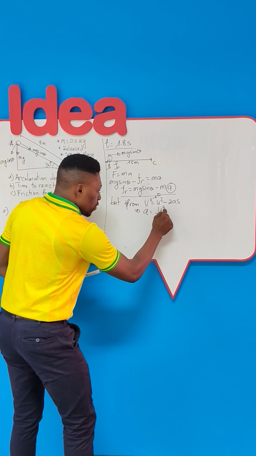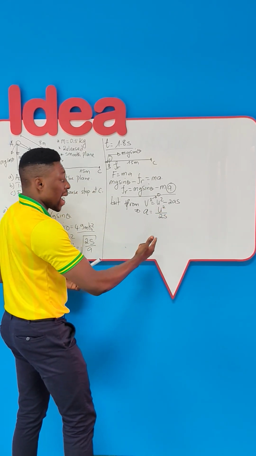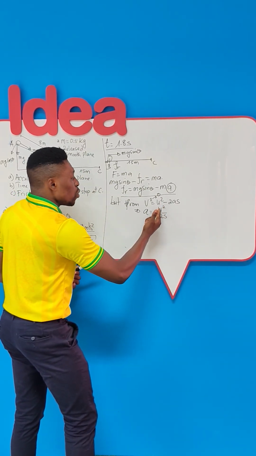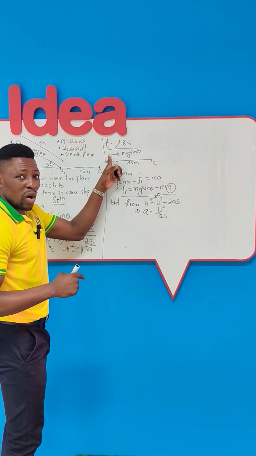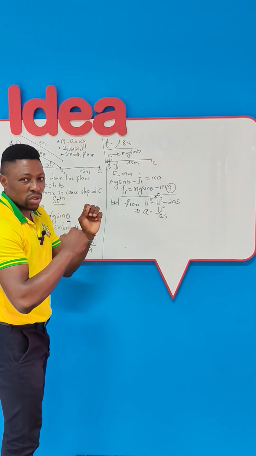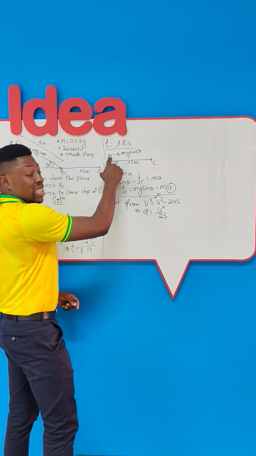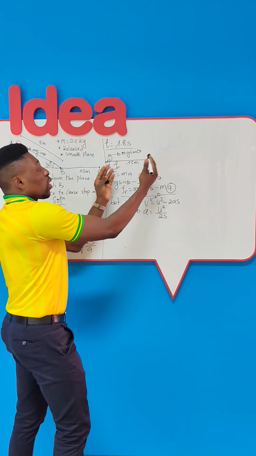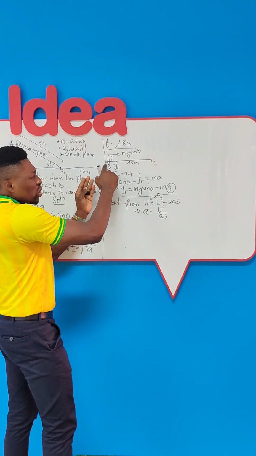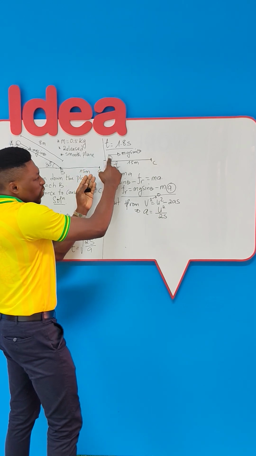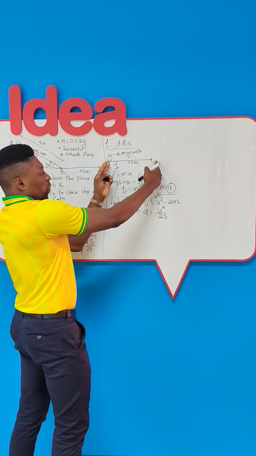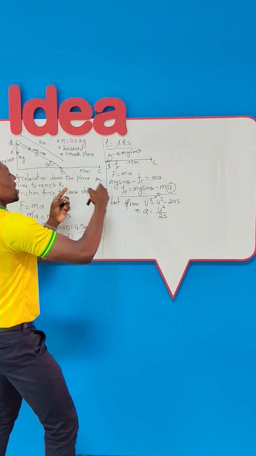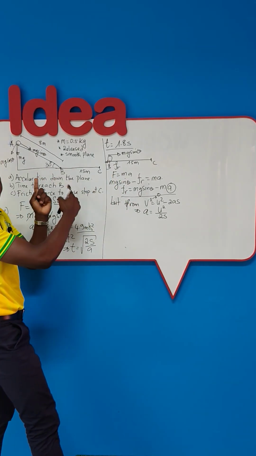Now, I don't have u once more. This is another problem. How do I get u? u here stands for the initial velocity of the second phase of my motion. But take note, this initial velocity of the second phase is in essence the final velocity of the first phase.